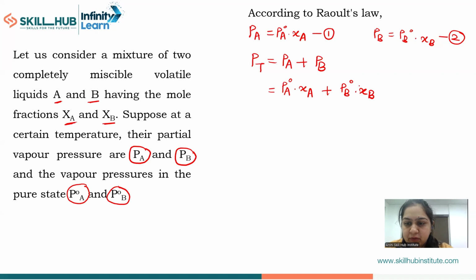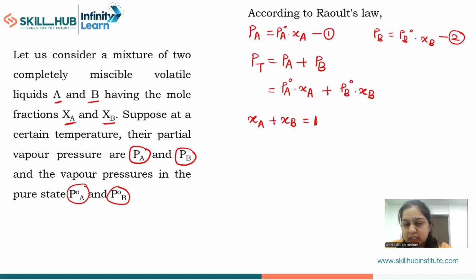This is the total vapor pressure. Now, since we are considering a binary mixture, what do I mean by binary mixture? There are only two components making the solution, component A and component B. And in grade 11 we have studied that whenever there is a binary mixture, the sum of the mole fractions of both components is going to be 1.